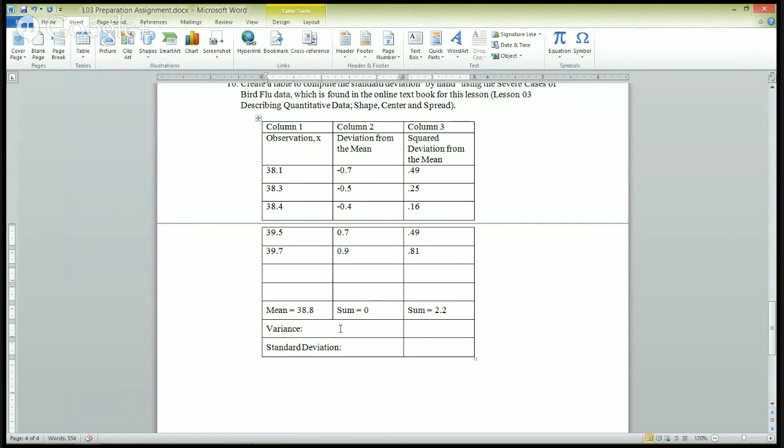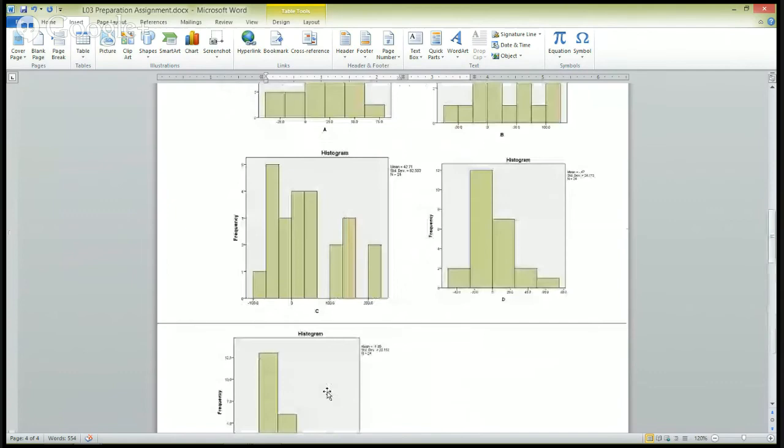I don't remember what my standard deviation is. Okay. Let's see.